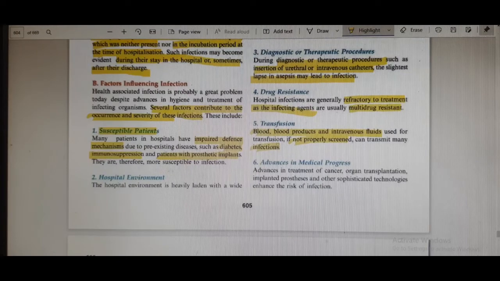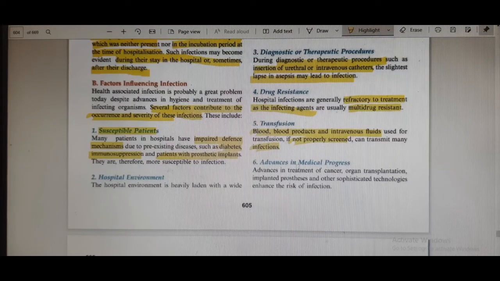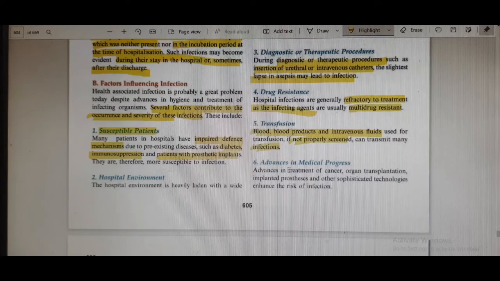Moving to the advances in medical progress. Advances in treatment of cancer, organ transplant, implanted prosthesis, and other sophisticated technology can enhance the risk of infection. So, treatment of cancer, organ transplantation, and implanted prosthesis are the different advances that have been taking place in the present times.